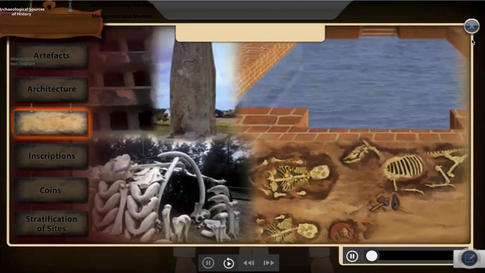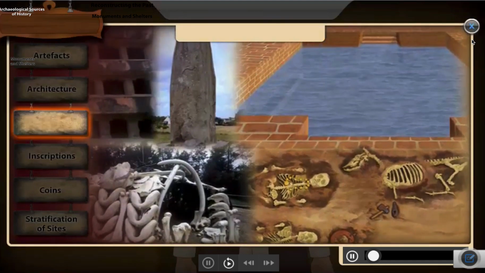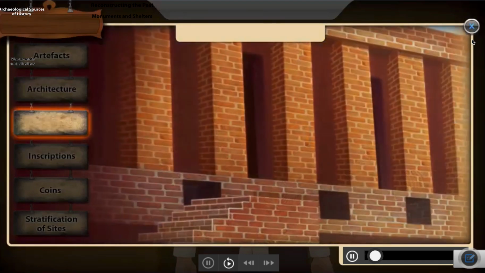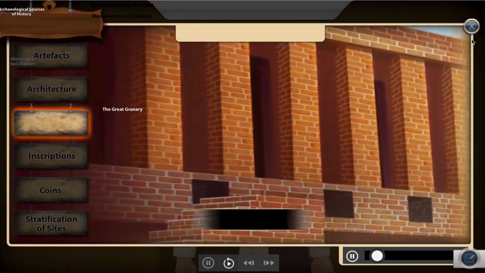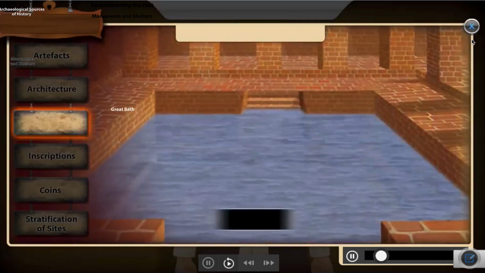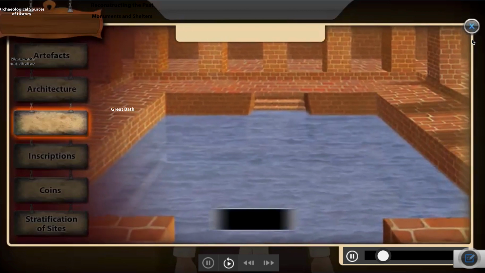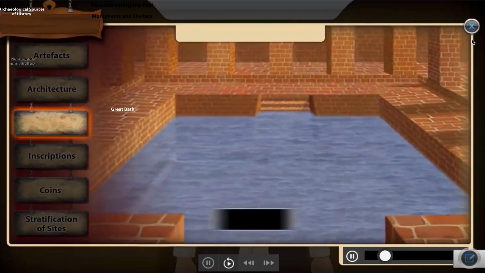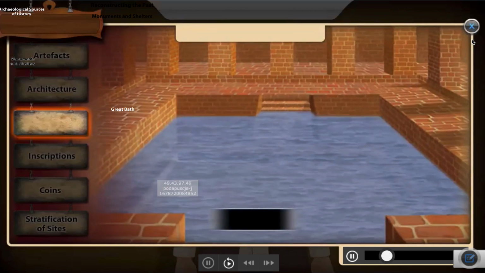Monuments have their own importance in archaeology. Buildings such as the Great Granary and the Great Bath found from excavations in Harappa and Mohenjo-daro tell us a lot about ancient civilization.